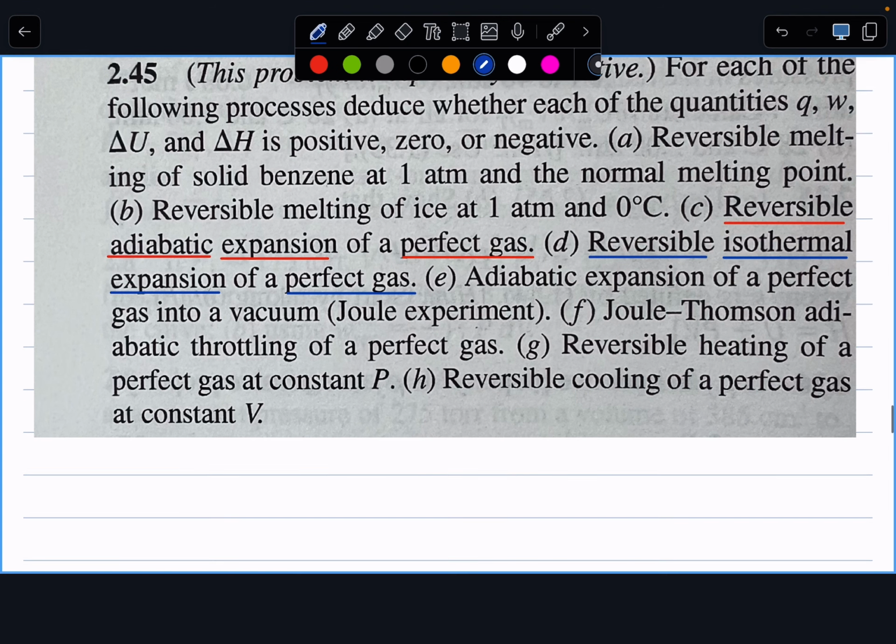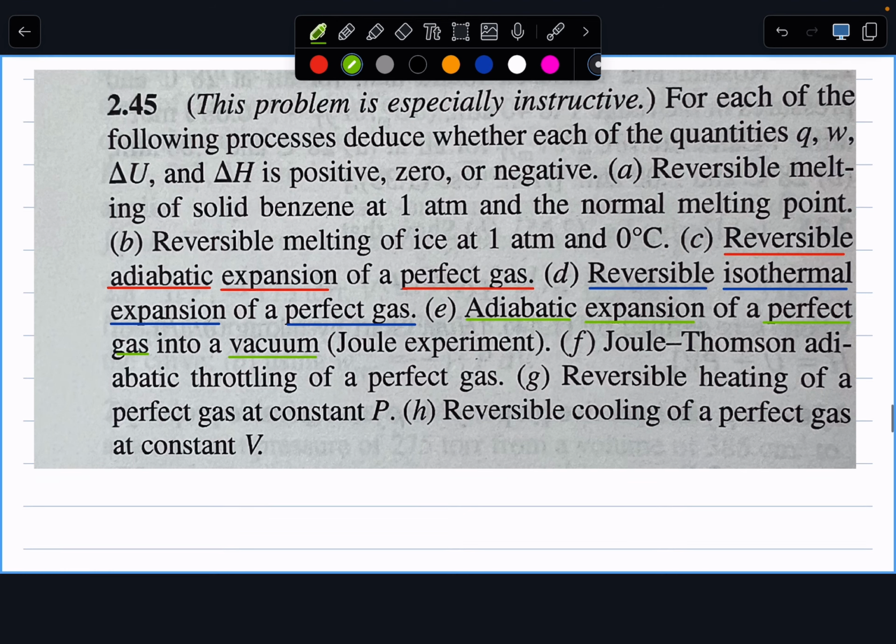All right, next up, let's see. We have adiabatic expansion of a perfect gas into vacuum. So for this question, adiabatic expansion, again, we have Q equals 0.